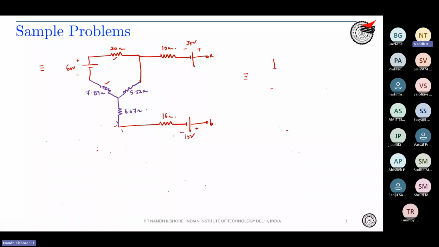Therefore, I will directly write 60 volts, 27.59 ohms, and you are having 8.52.